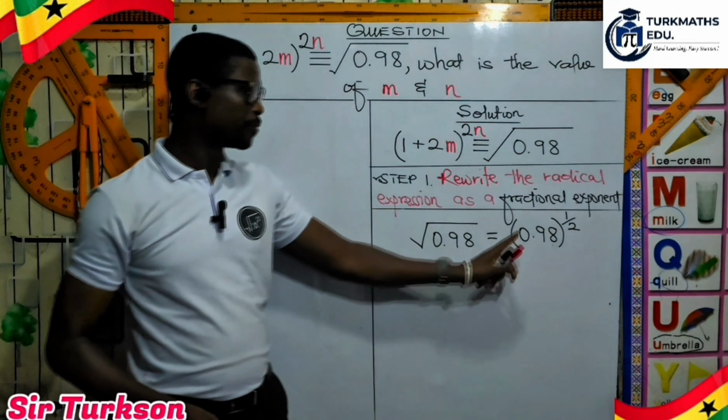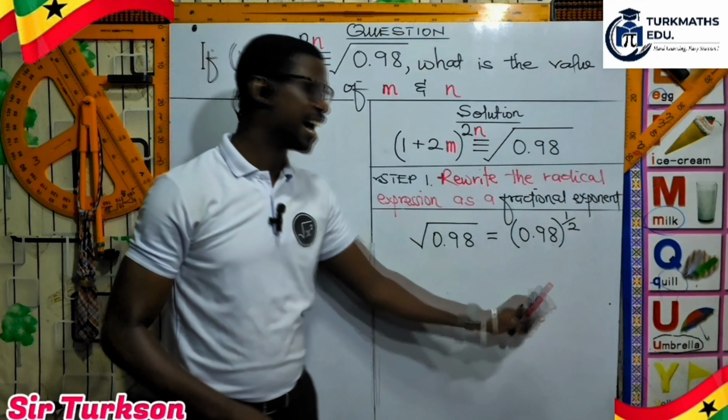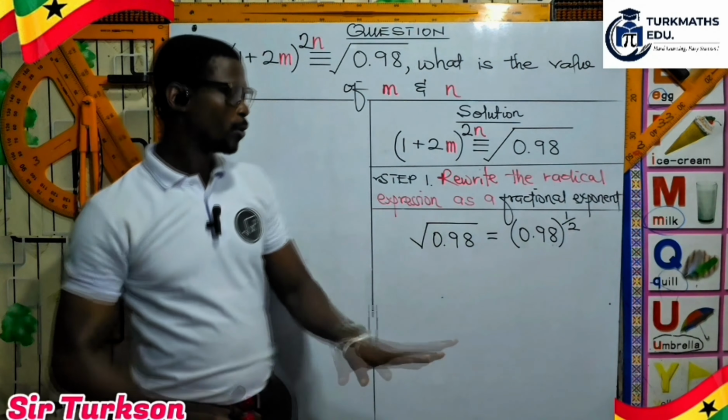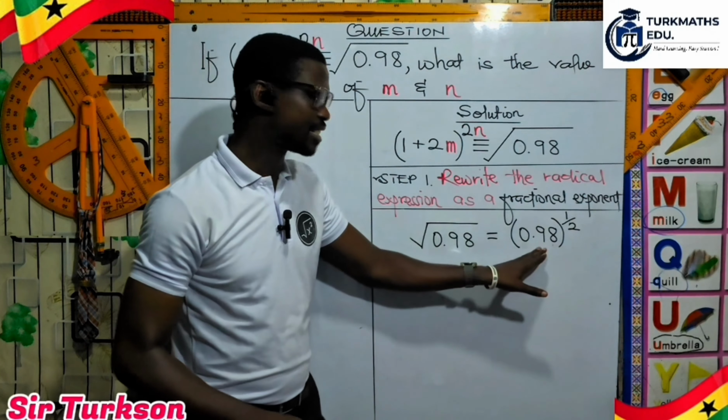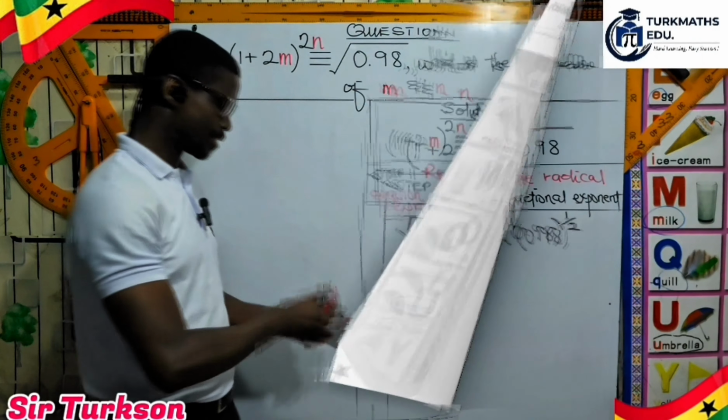Good. So we now have brackets open, 0.98, bracket close, exponent 1 out of 2. So now we are going to substitute this into the original identity, right? Let's do that.